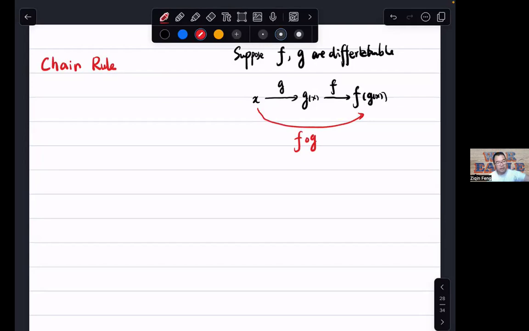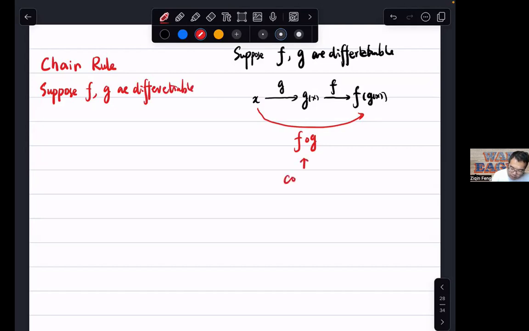So let's try to do that. Before that, let's write down our assumptions. Suppose f and g here are differentiable. The chain rule deals with the composition of two functions.